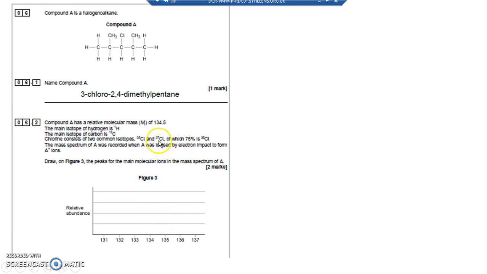The one at 134 that's got the 35Cl, which is 3 times more common, will have a higher peak because relative abundance means how much of it there is. So if we had 3 parts at 134, that would compare to 1 part at 136.